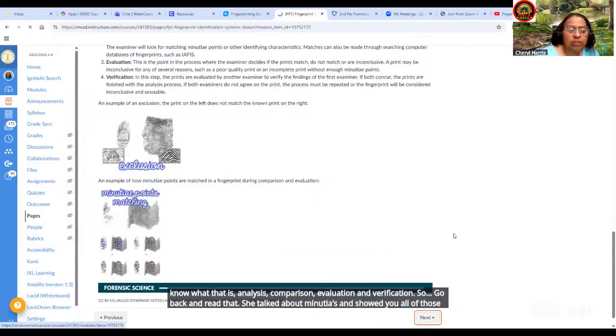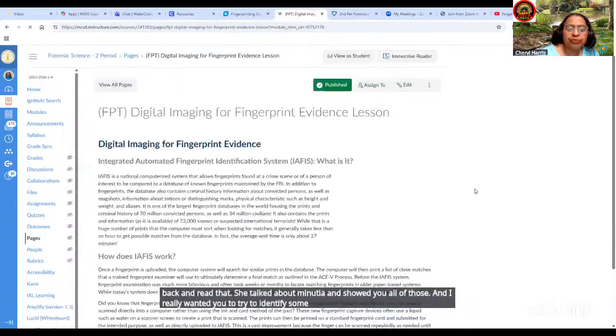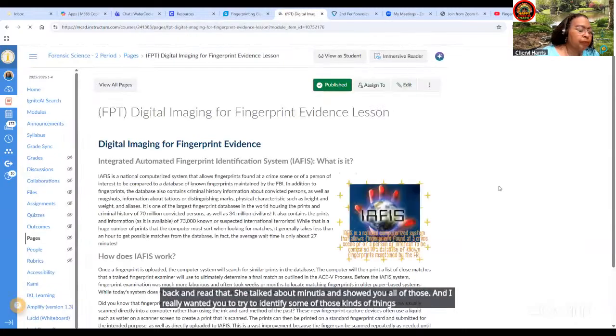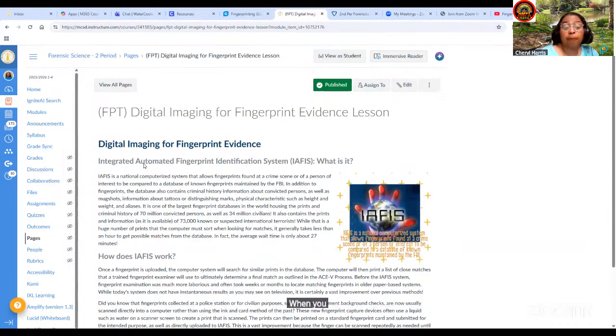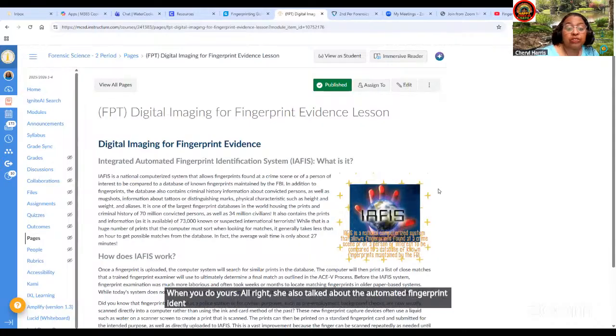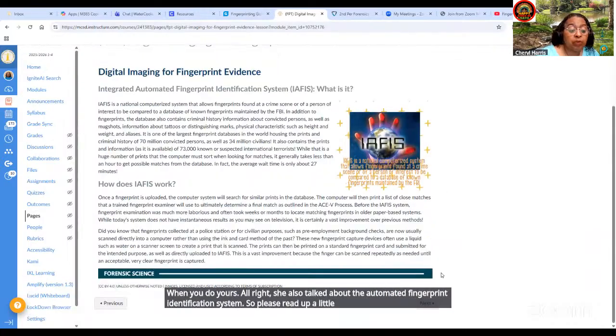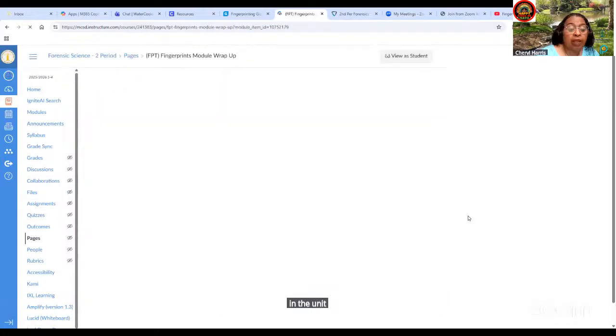And I really wanted you to try to identify some of those kinds of things when you do yours. All right, she also talked about the automated fingerprint identification system. So please read up a little more on that. And then that is the last lesson in the unit, and then the wrap up.